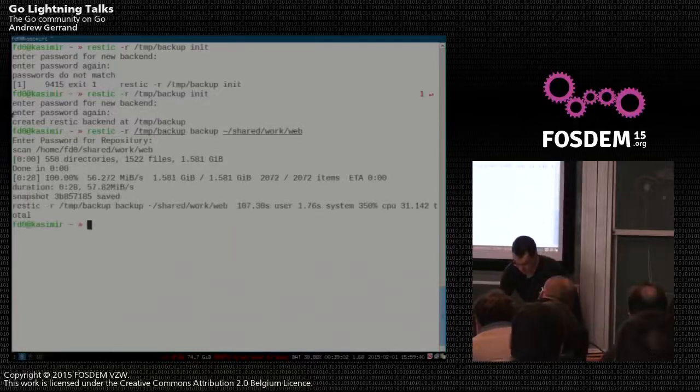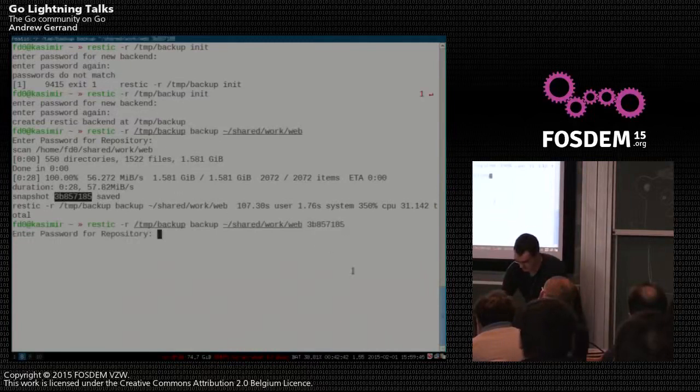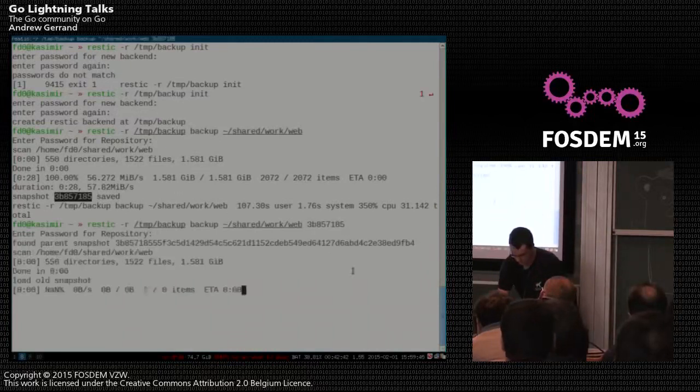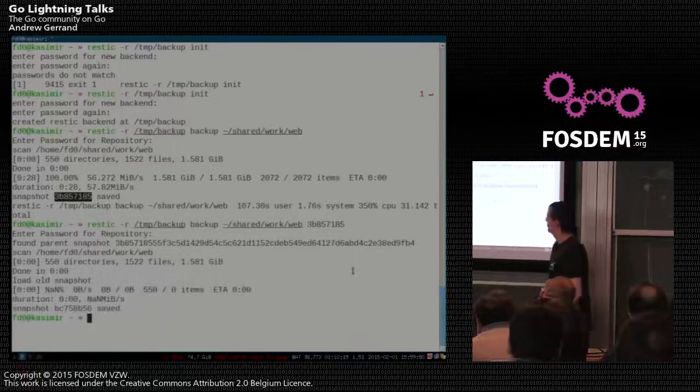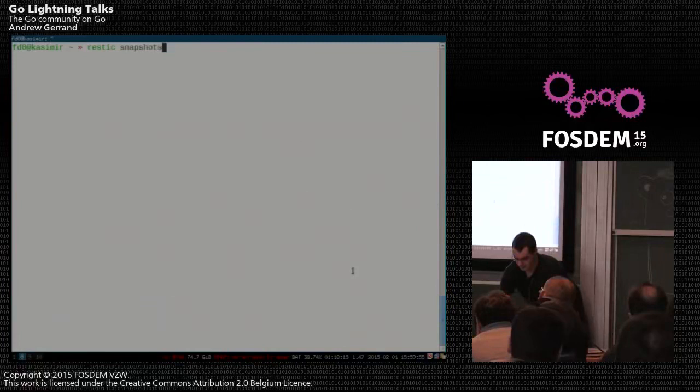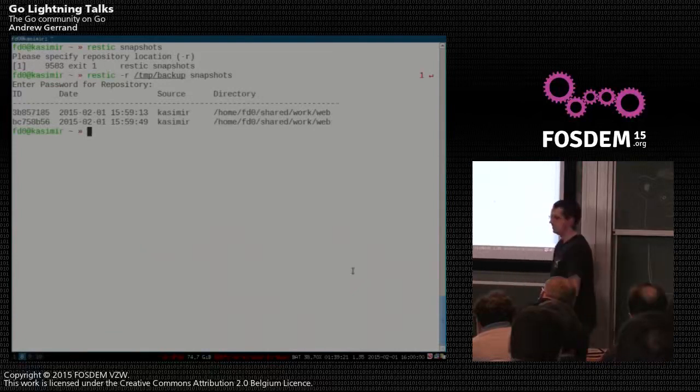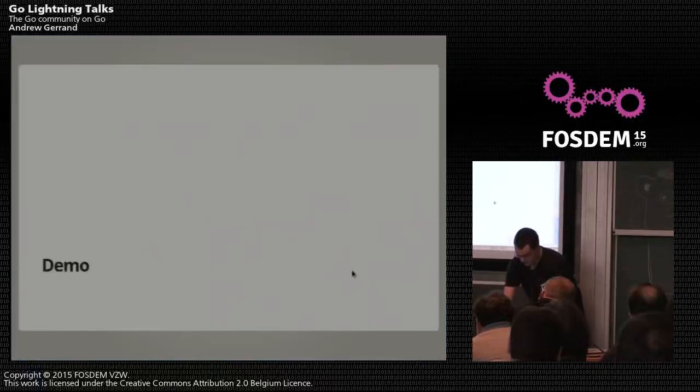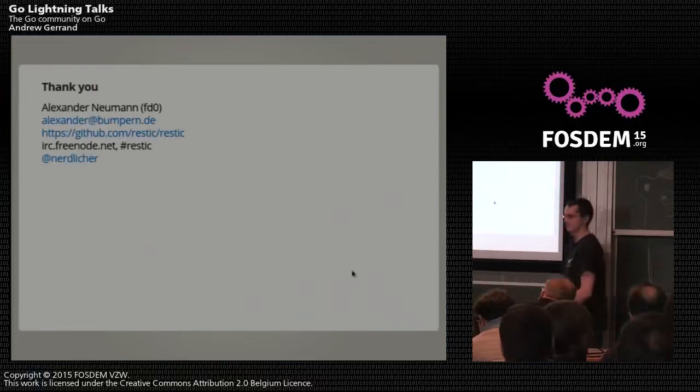And now it says the snapshot has been saved under this ID, and I can give it this ID as a template, and then it just said that everything is fine, and you have some commands like, for example, you can list the snapshots and so on, and can restore them. OK, that's it. Thank you.